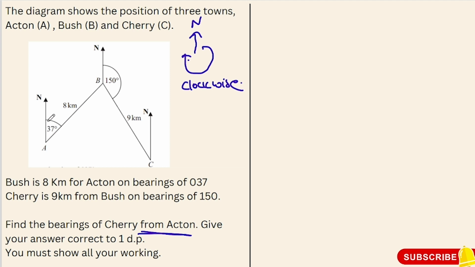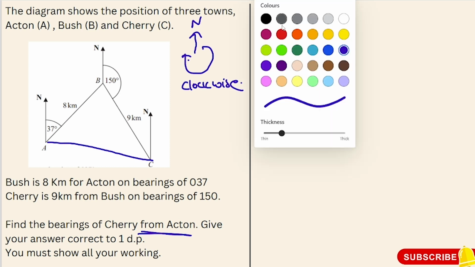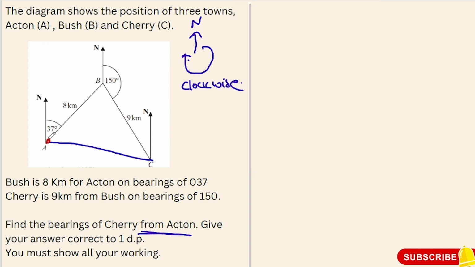So here's my north line, and I'm just going to join these 2 lines together. Okay, so after I've done that, like I said, I'm from Birmingham, so here I'm from Acton. I'm going all the way to Cherry, so that means we need to work out this bearing over here. So basically we need to work out this angle over here, and unfortunately we're not given the one inside.